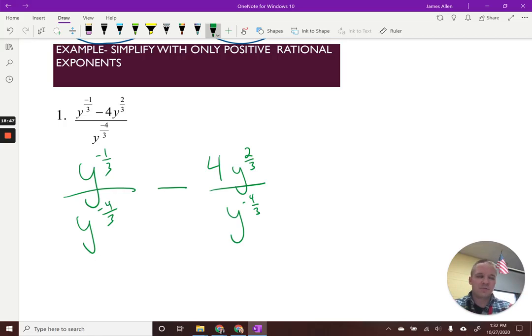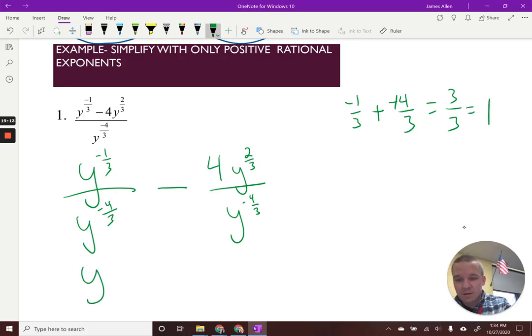When it's the other way, it's a little bit different, but we'll do one of those another time. So what do I do with each individual fraction? Well, when I'm dividing with like bases, I subtract my exponents. So a little sidebar: negative 1/3 minus negative 4/3 becomes addition, and I'd end up with 3 over 3, which equals 1.